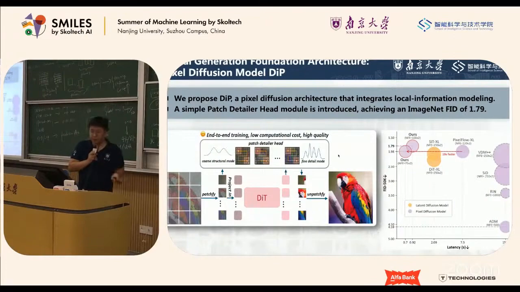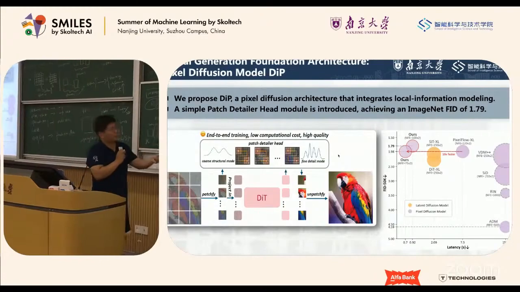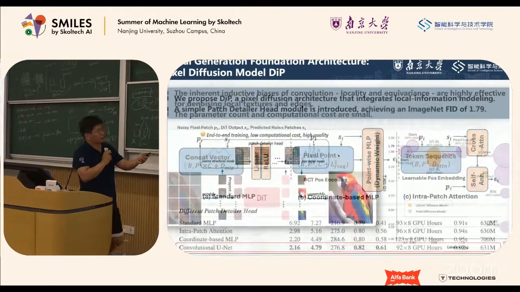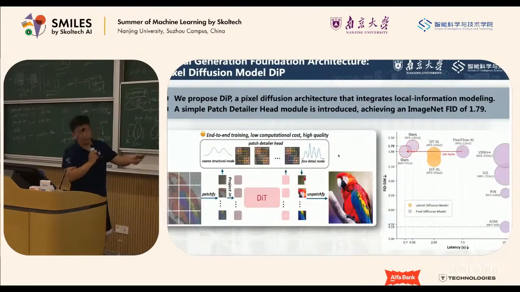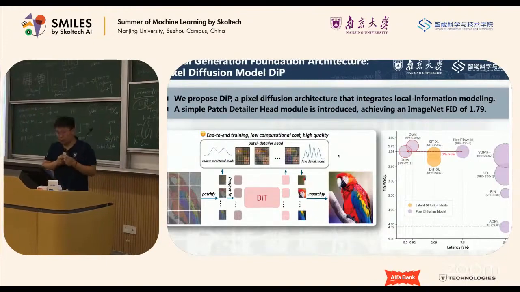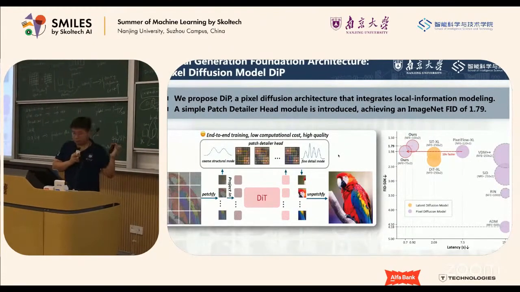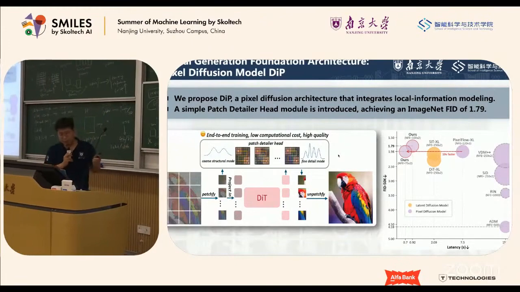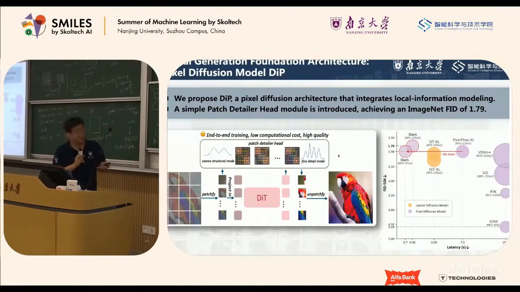So to address this issue, we propose DIP, and we just add a very simple patch detailer head here, which explicitly models local information, and that allows global structure and fine texture to be learned jointly.